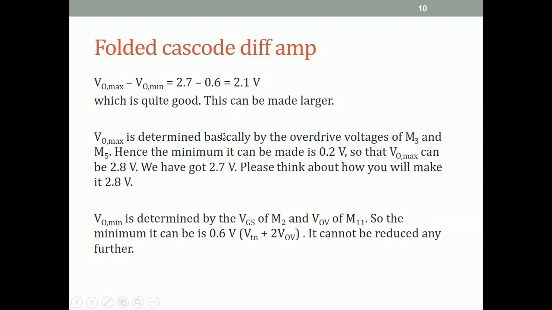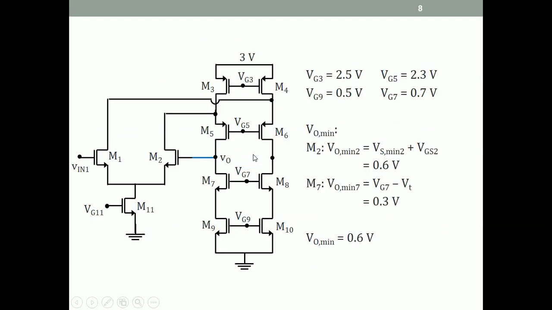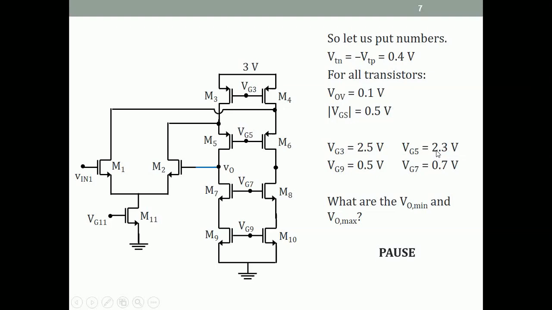Let us think about how we can make this larger. As I said just a few minutes ago, let us go back. Here Vg7 could have been 0.6 and Vg5 could have been 2.4. By making these 0.6 and 2.4, we can increase the range by 0.1 volt, specifically by Vg5.